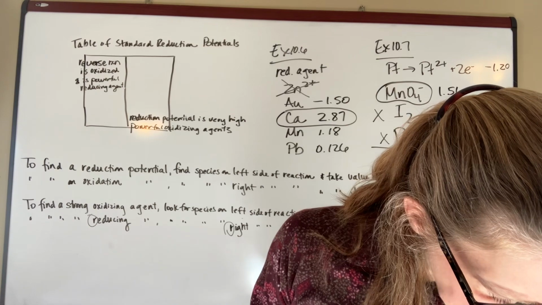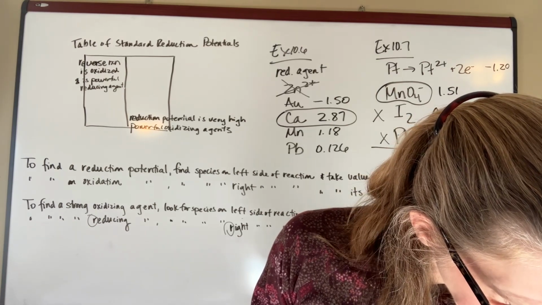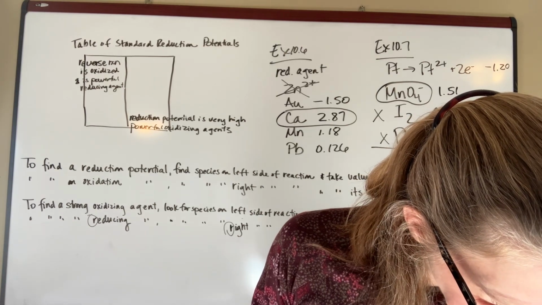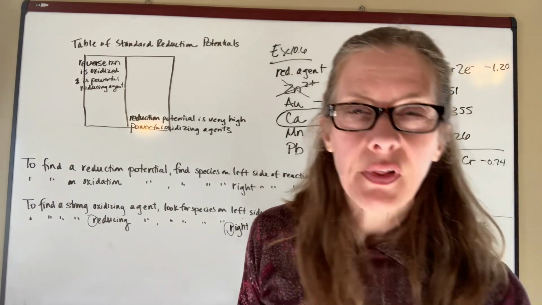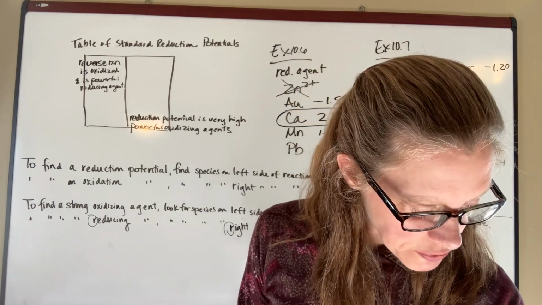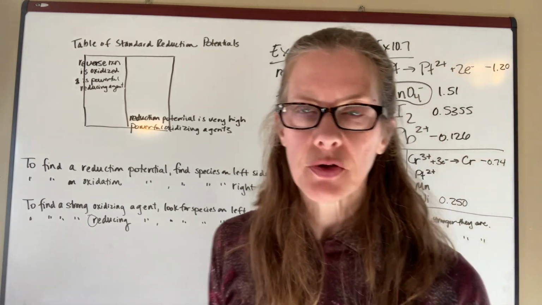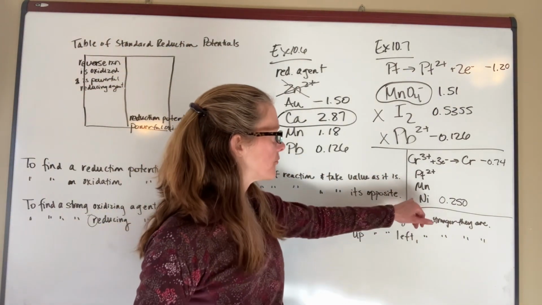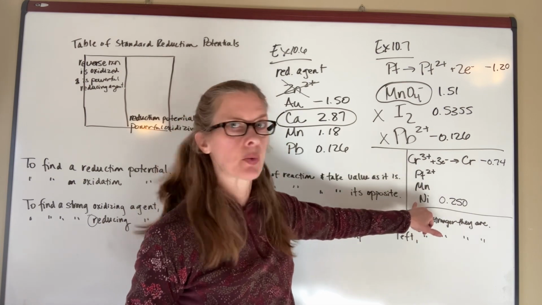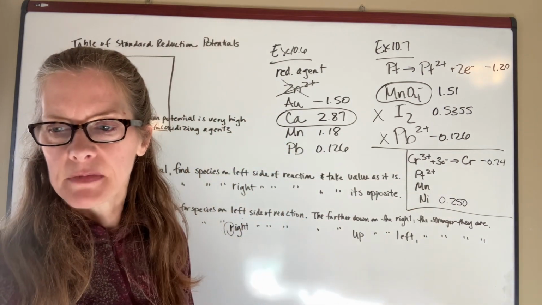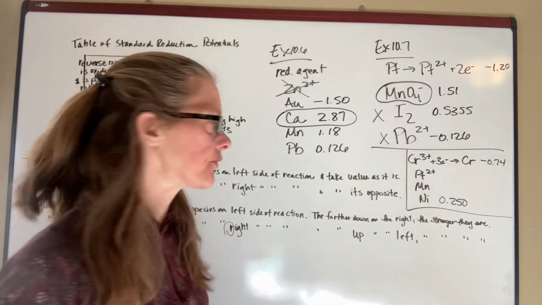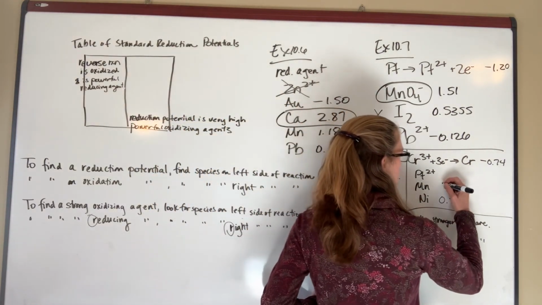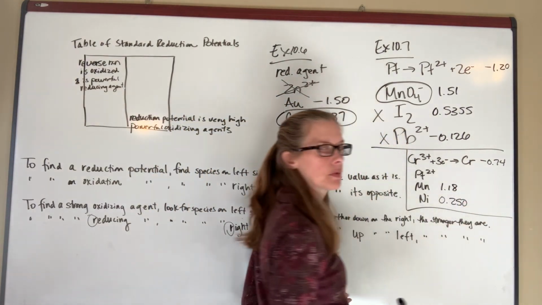And let's see where that was on there just so I can help you find it. On the left-hand side, most of the way down. The nickel is on the right-hand side of the equation. I have to flip it backwards. And so I have to find all of these on the right-hand side of the equation. Okay. The manganese, if you look for that one, you should find that that's a 1.18.